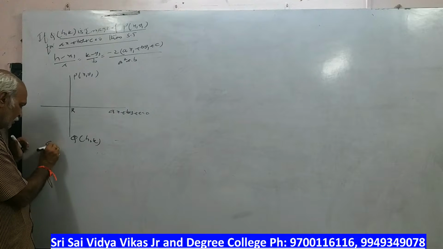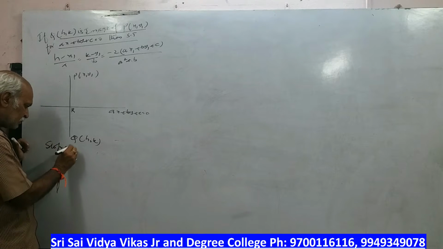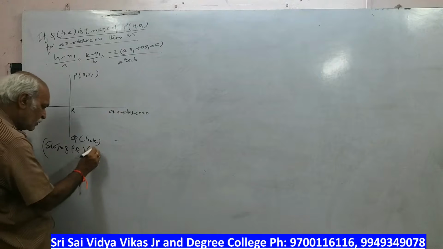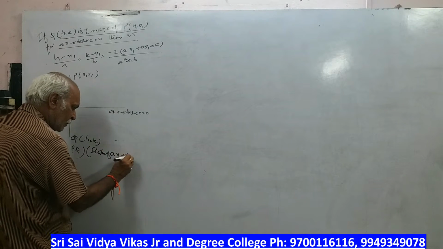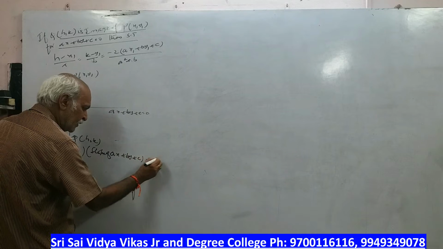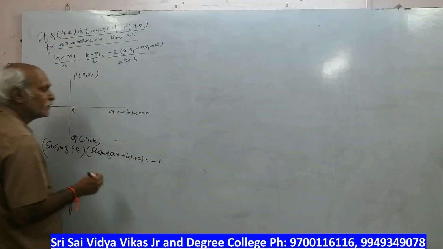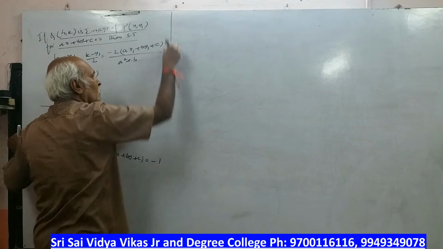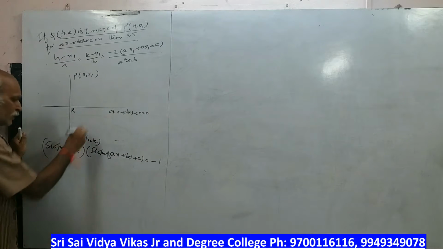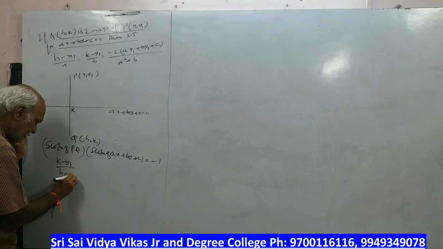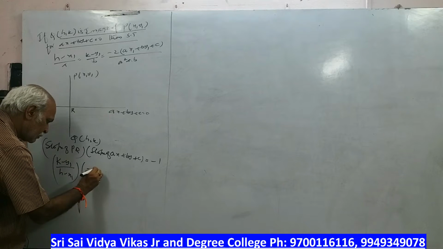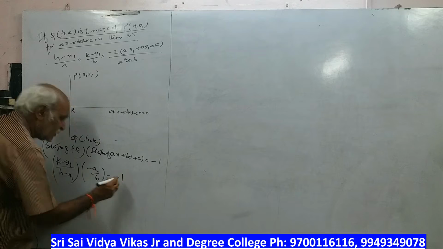Now again, slope of PQ times slope of ax plus by plus c is equal to minus 1. Same concept again. So what is the slope of PQ? k minus y1 by h minus x1 into minus a by b is minus 1.